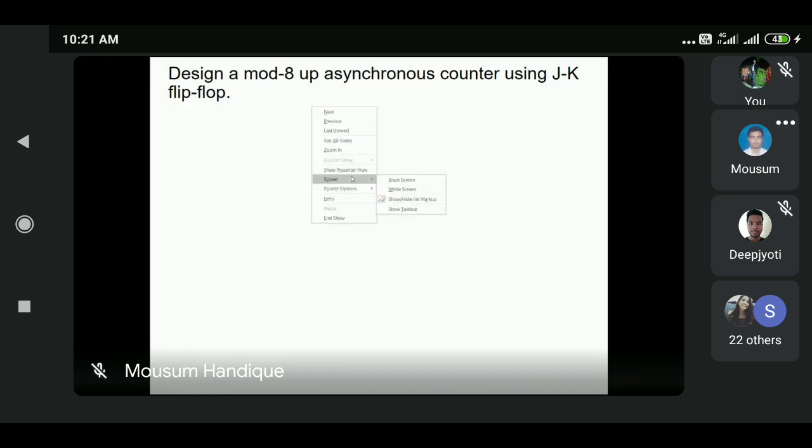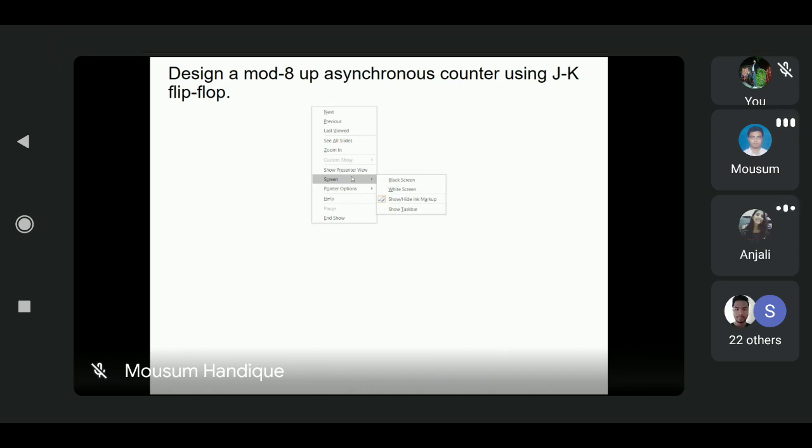Design an up counter, within bracket you write mode 8. Are you writing what I am saying? Design an up counter, mode 8. After that you write: using negative edge triggered JK flip flop.